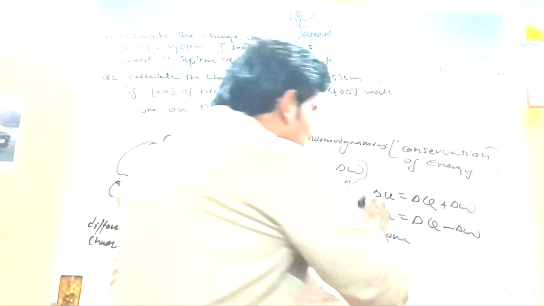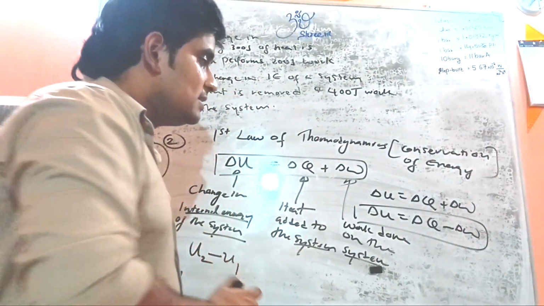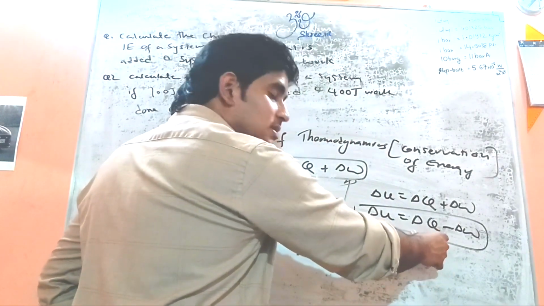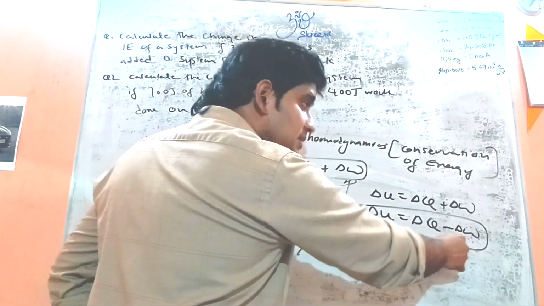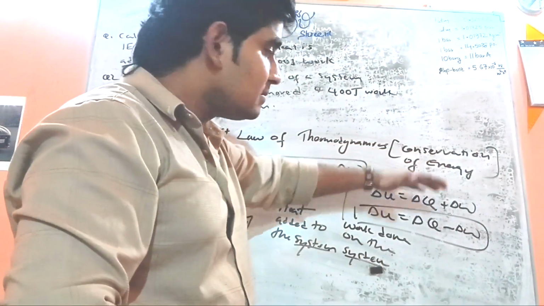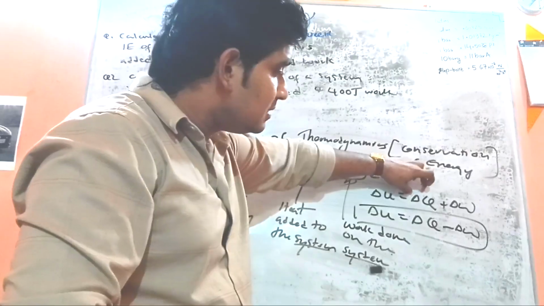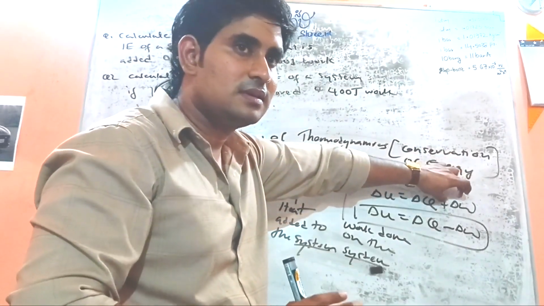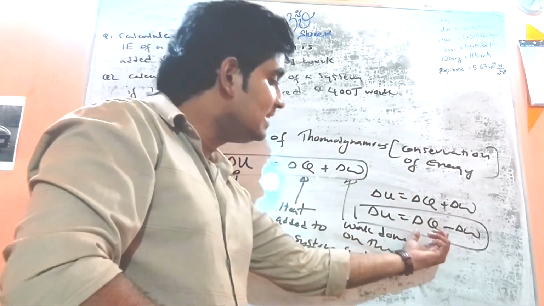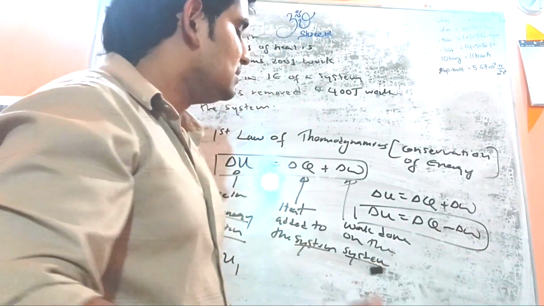Format 2: the heat added to the system minus the work done by the system. Format 1 is the summation, the addition of heat added to the system plus work done on the system. If you use the second format, it is the heat added to the system minus the work done by the system. So that is actually common sense, right?